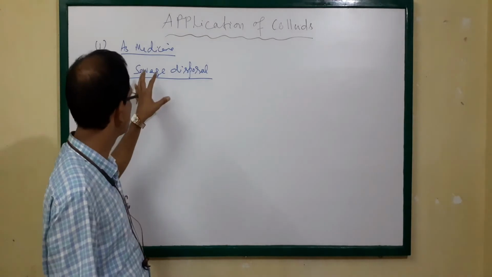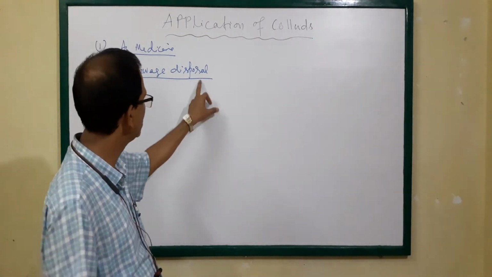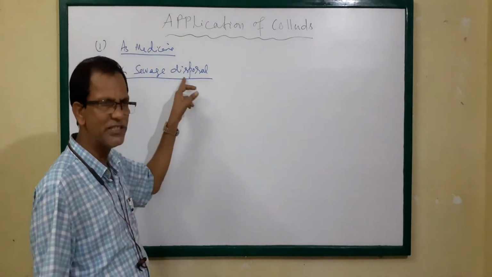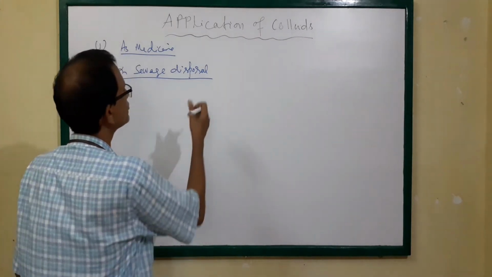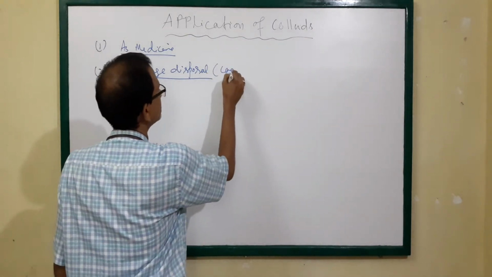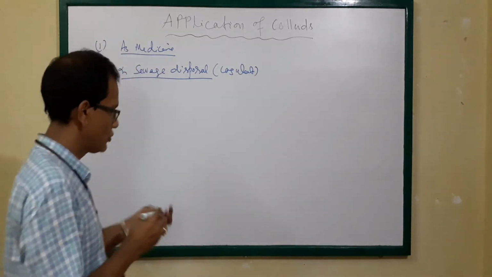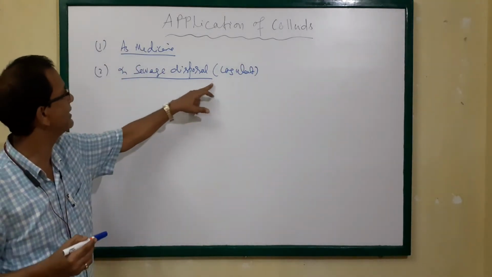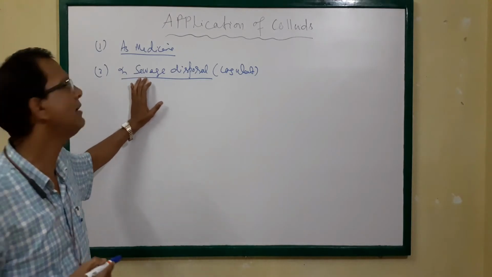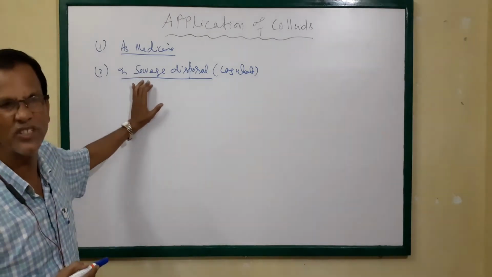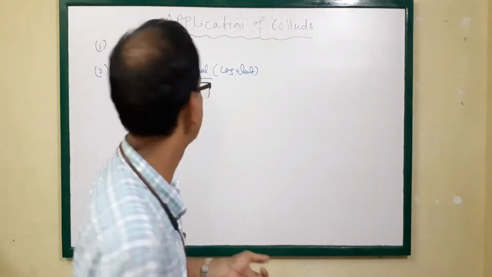That's why sewage disposal can be done. All this is an application of coagulation. So by coagulation techniques, sewage disposal can be done using an oppositely charged electric plate.